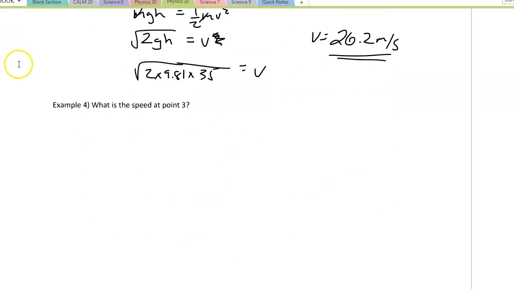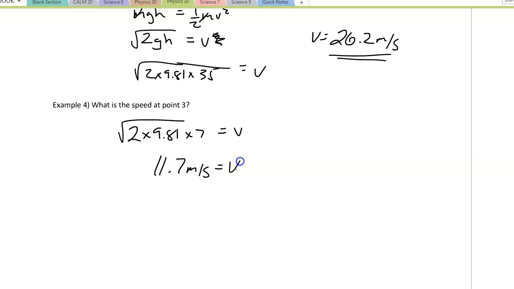So our procedure winds up being the same, except it's only a 7-meter drop to get v, which winds up being 11.7 meters per second is equal to v. And so this is a method that we can solve many of the problems based on the concept of conservation of energy.